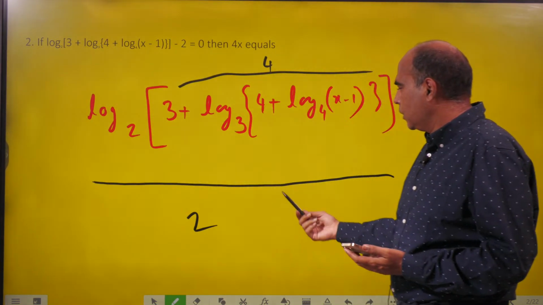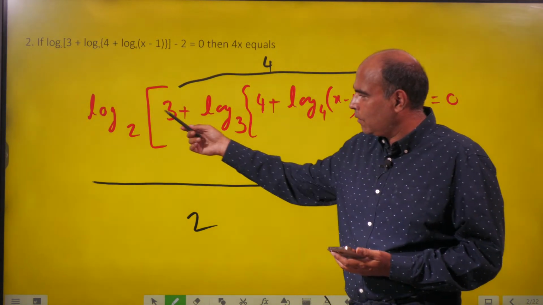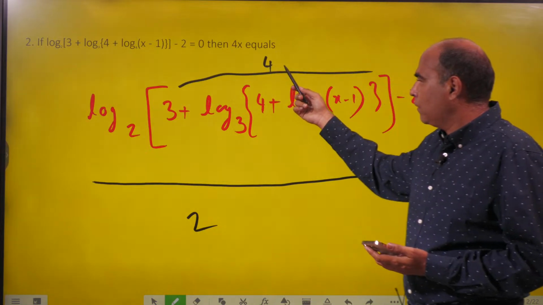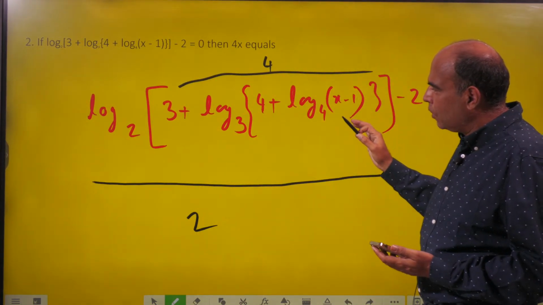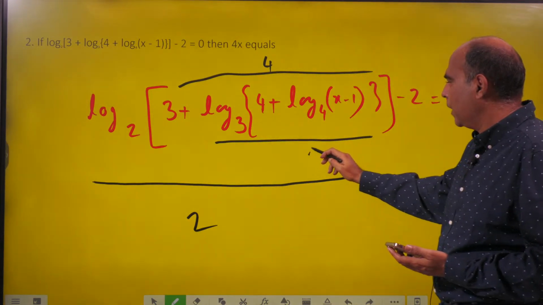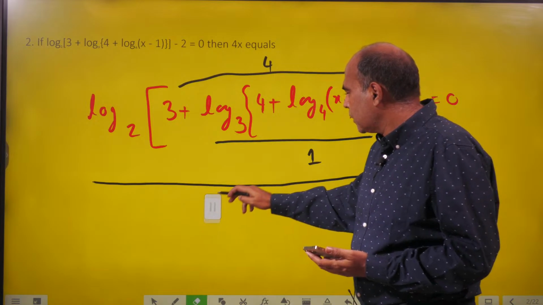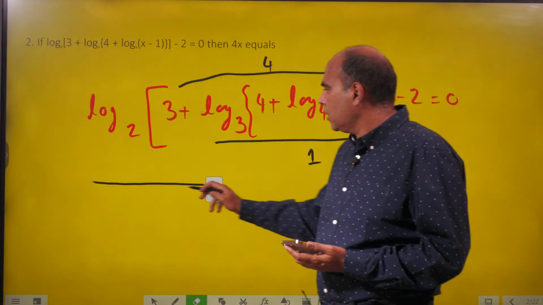So this will become 2 only if the argument of the log to the base 2 becomes 4. To make that 4, since this is 3, this part has to become 1. That's the series of continuous triggers that lead you to this point.